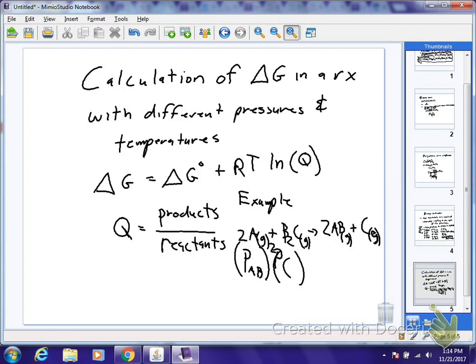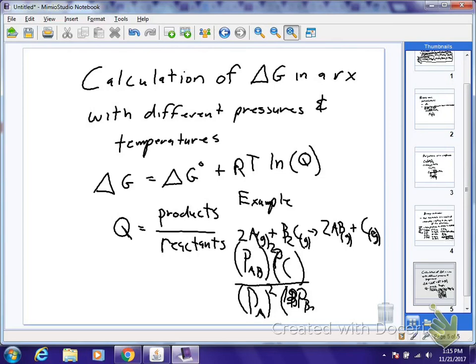Hopefully I don't get messed up, I don't erase very well with this. Then it's over the reactants. What would be underneath? The partial pressure of A squared times the partial pressure of B2C.